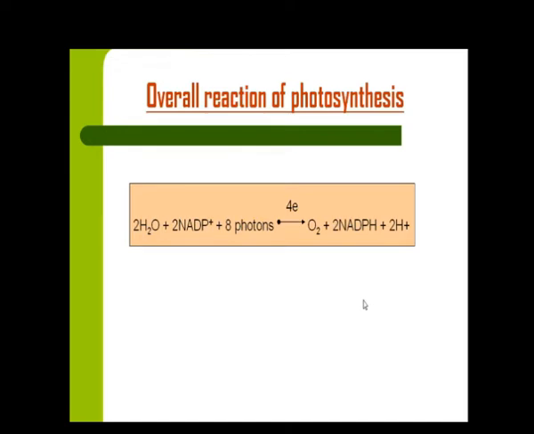To make one molecule of O2, you need 2 H2O. When 2 H2O splits, you get 4 H plus, 4 electrons and oxygen. That is why it is said that 4 electrons transfer makes one molecule of oxygen.